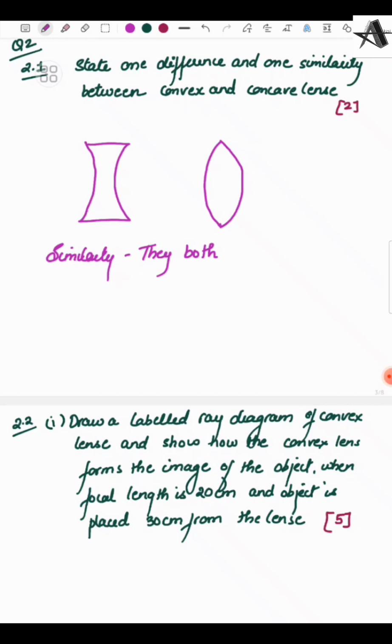That means when a light travels from one medium to another medium, suppose this medium is less dense, definitely the particles are a little bit away from each other. If this is more dense, the particles are tightly packed with each other.